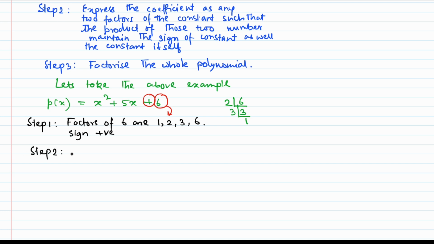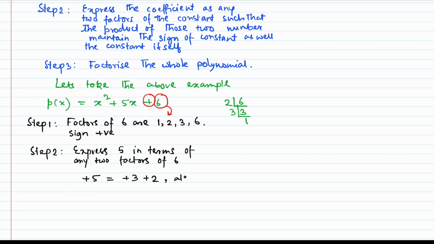Now in step 2 we have to express this coefficient 5 in terms of any two factors of 6. So plus 5 can be written as plus 3 plus 2. So we can satisfy this. Also if we take the product of plus 3 and plus 2, it becomes plus 6.